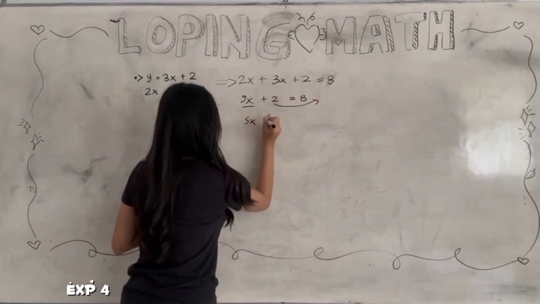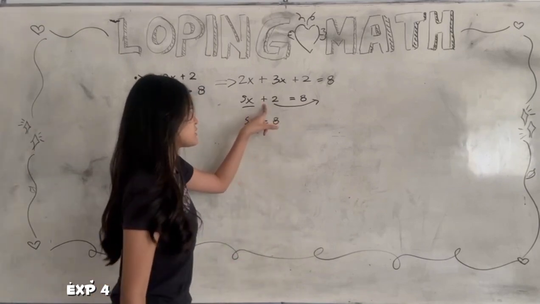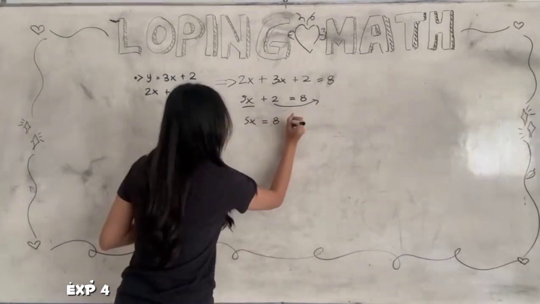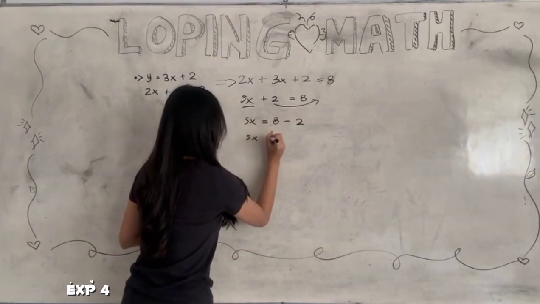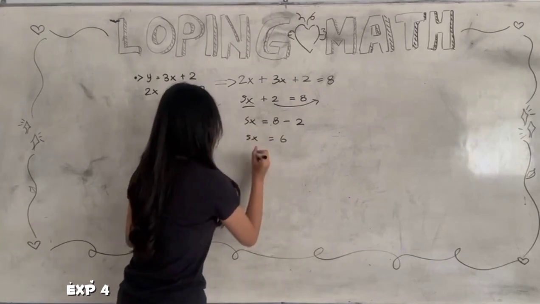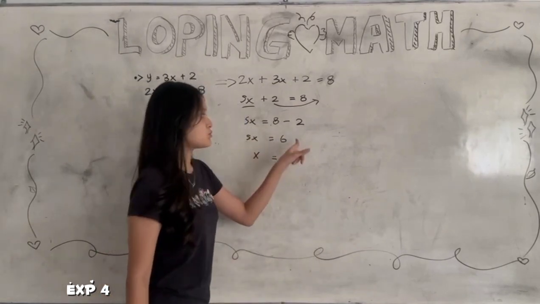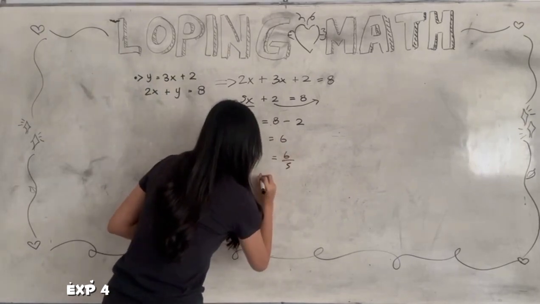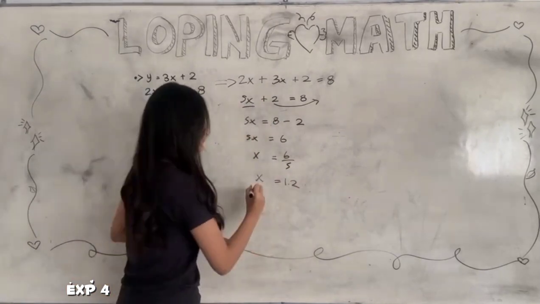So 5x equals 8. Since the number 2 is positive, when we move it to the right side, it turns to minus. So minus 2. So 5x equals 6. And now for x, the number 5, we move to the right. So 6 over 5. So x equals 1.2.